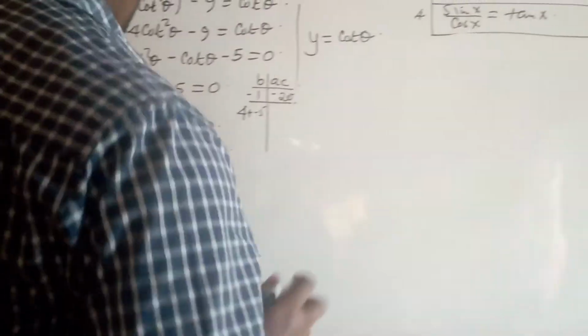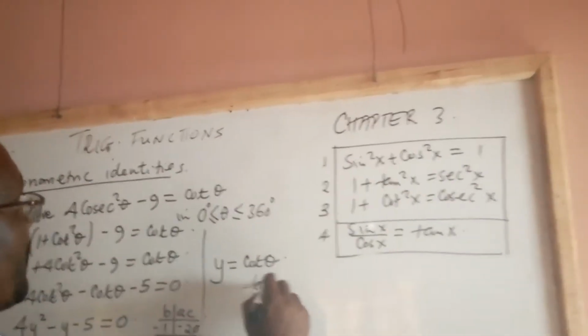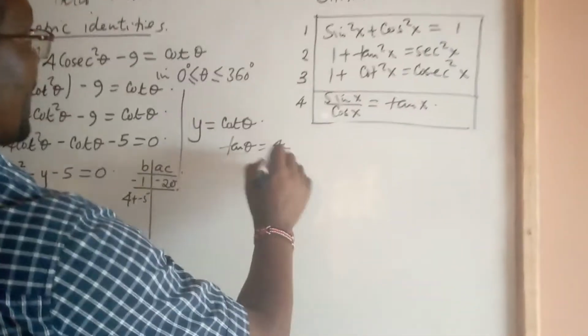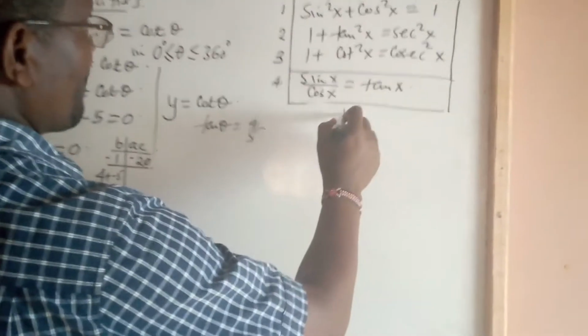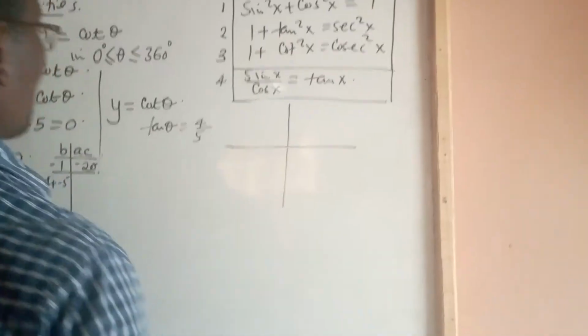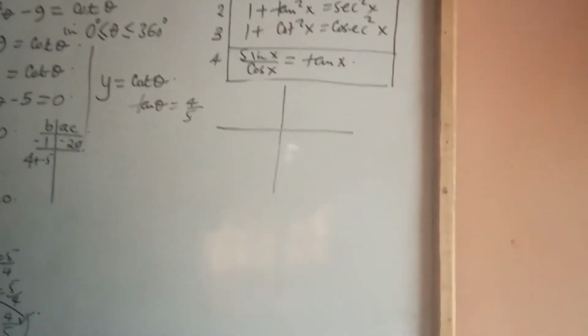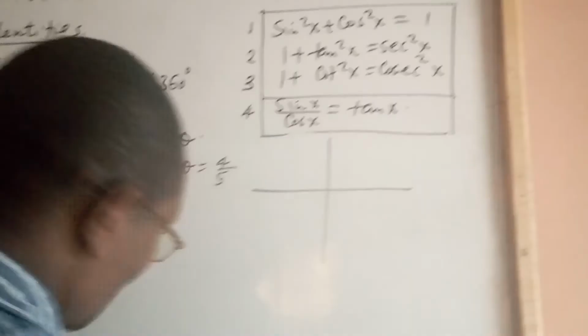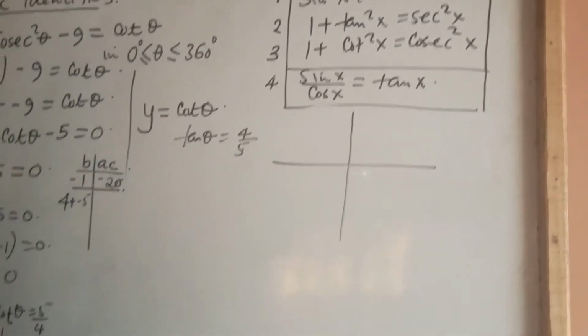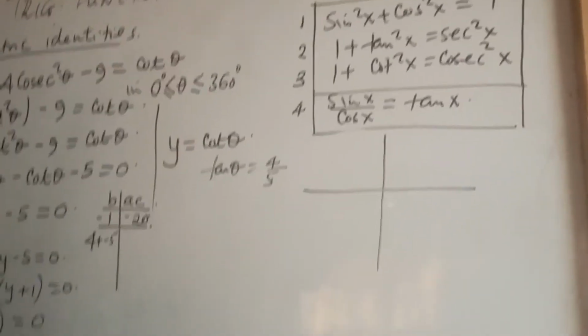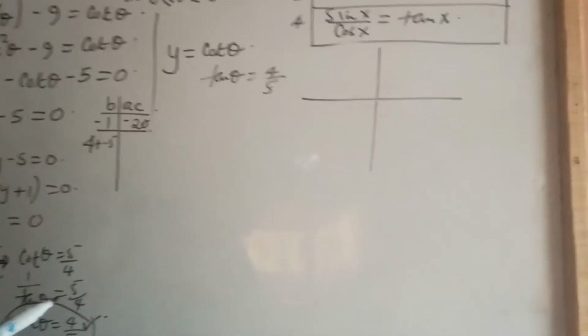But let's see. If we take the tangent of theta to be 4 over 5, we are going to talk about the unit circle, whereby when the tangent of theta is 4 over 5, we need to identify what is really 4 over 5. 4 over 5 is equal to 0.8.